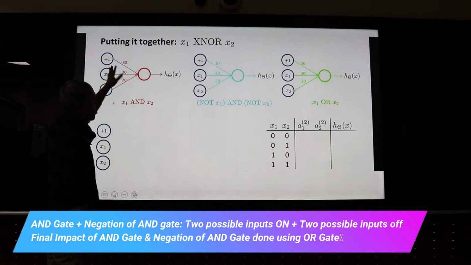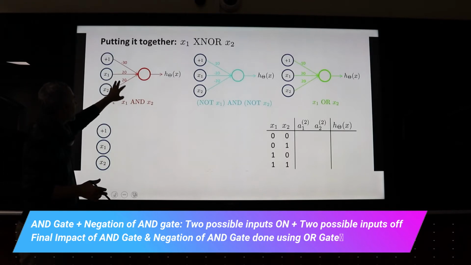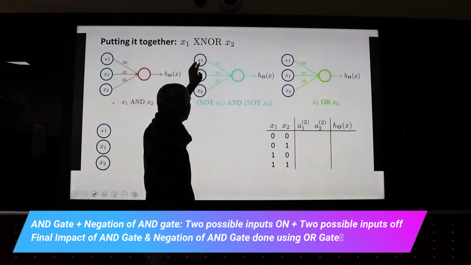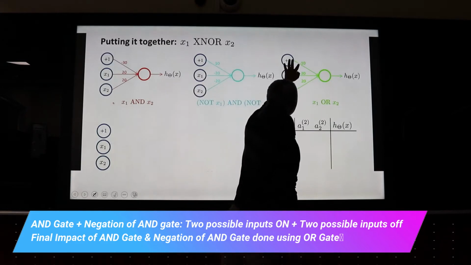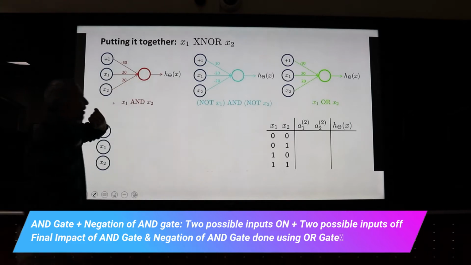Minus 30, we are considering this value in order to consider the significance of both the switches. Here the weight parameter is less, and this is the OR operation, the negative 20. So it makes a little bit of sense.